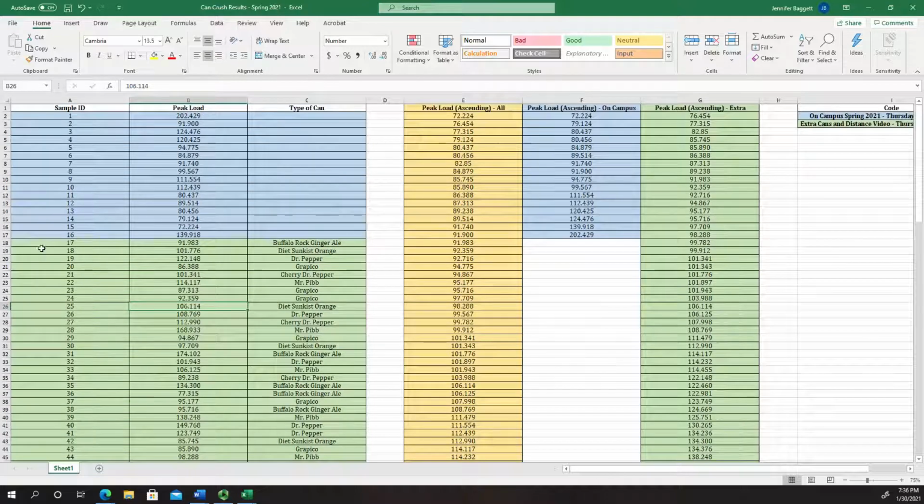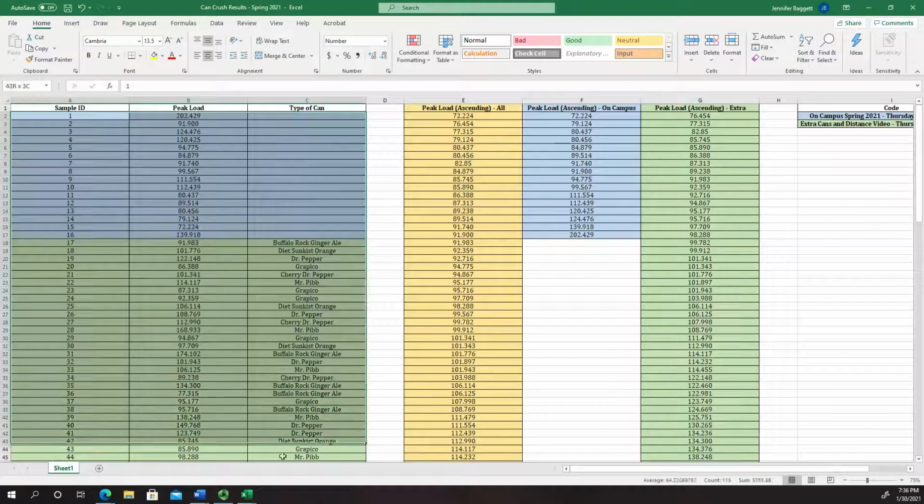So you can do just the green cans if you'd like to work with those, or you can work with all 65. So there's 3 possibilities you can do in this set of data.